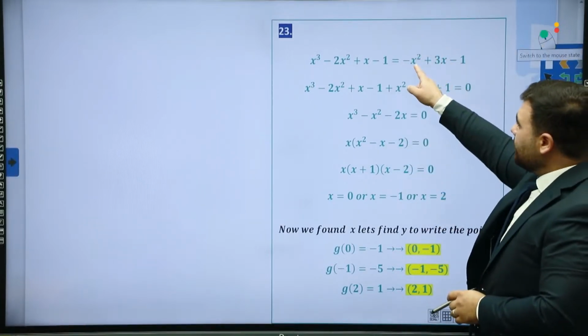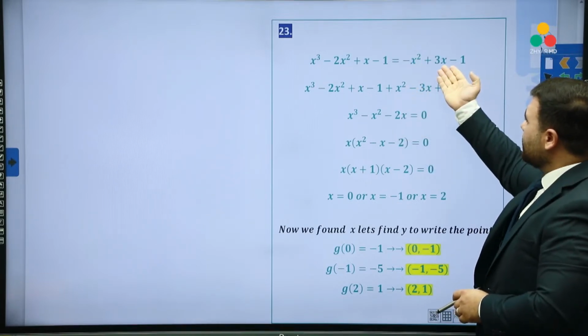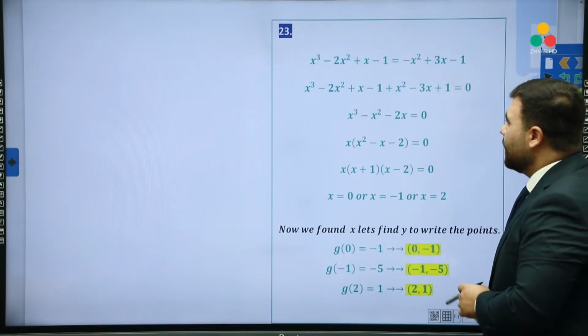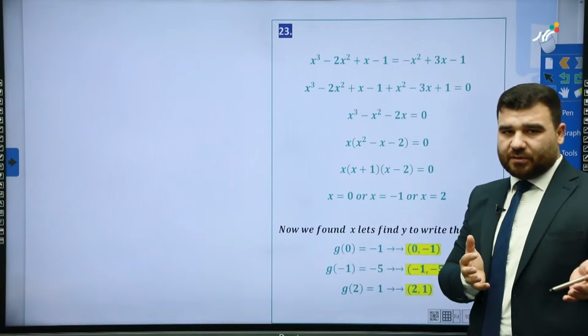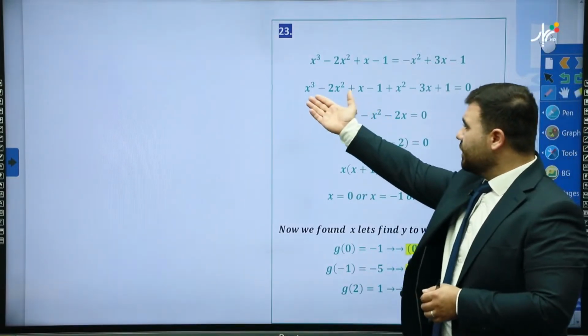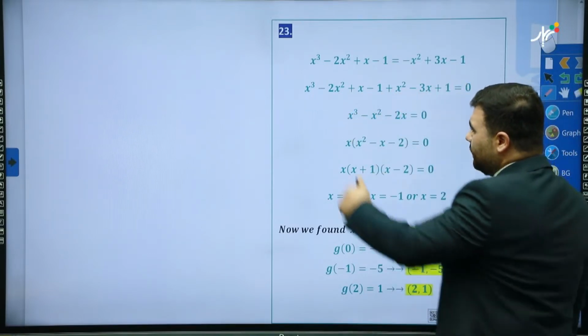When they move to the other side, negative x squared becomes positive x squared. Positive 3x becomes negative 3x. Negative 1 becomes positive 1. Now let's simplify x squares together, x's together, numbers together. X cubed is alone, there is no other x cubed to be simplified with, so we just write this down.